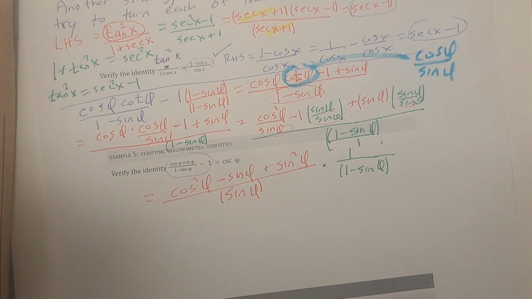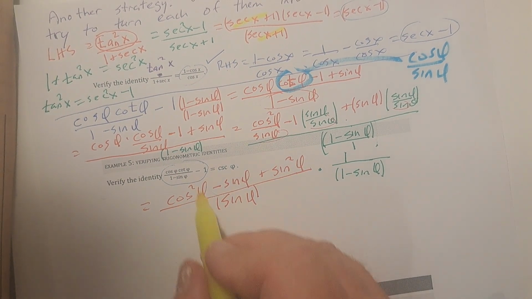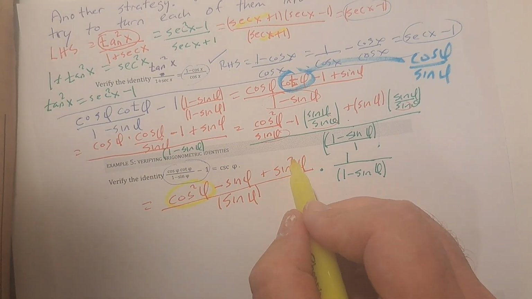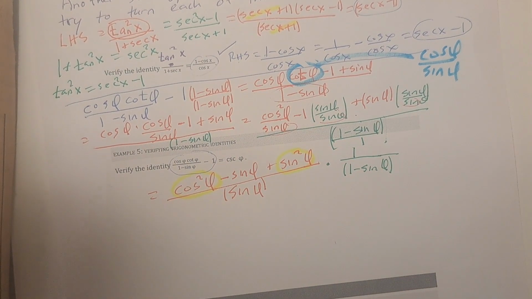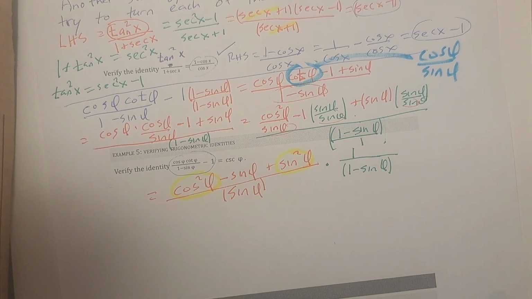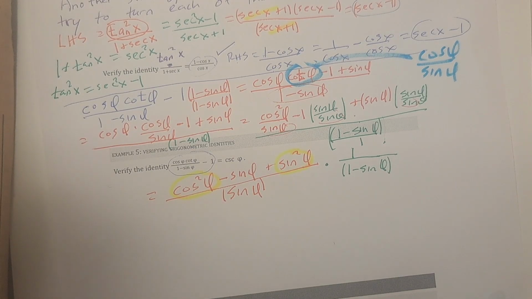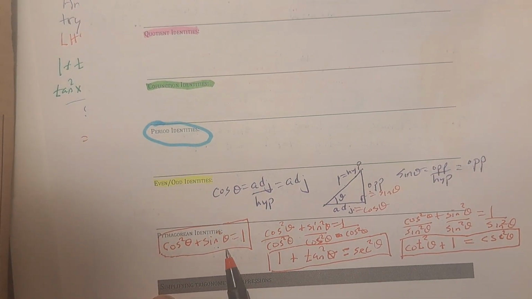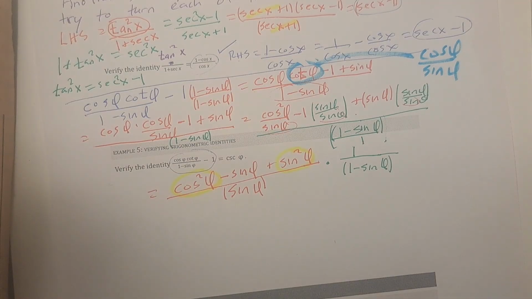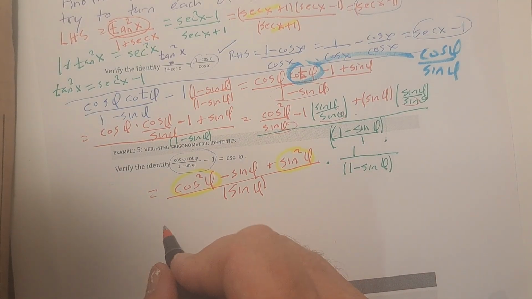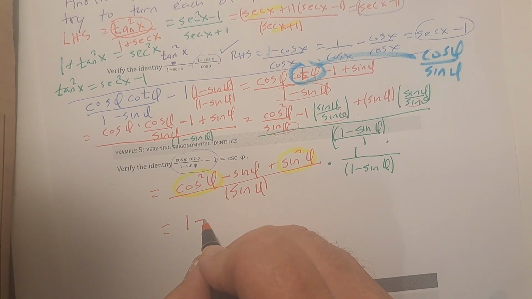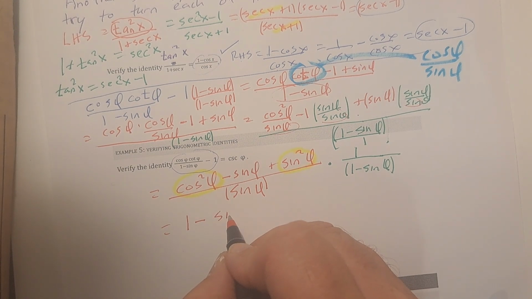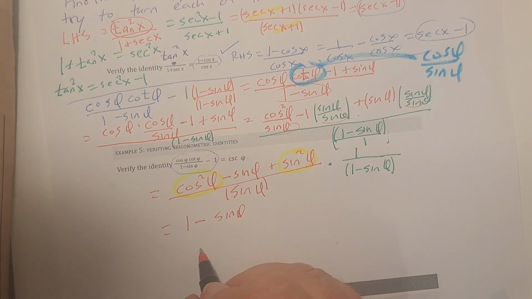Okay, now I recognize cosine squared plus sine squared. That's my first Pythagorean identity. Cosine squared plus sine squared is 1, so I'm going to use that now. So put the two yellow guys together and you'll get 1 minus, there's still a sine of phi left over. That's it.